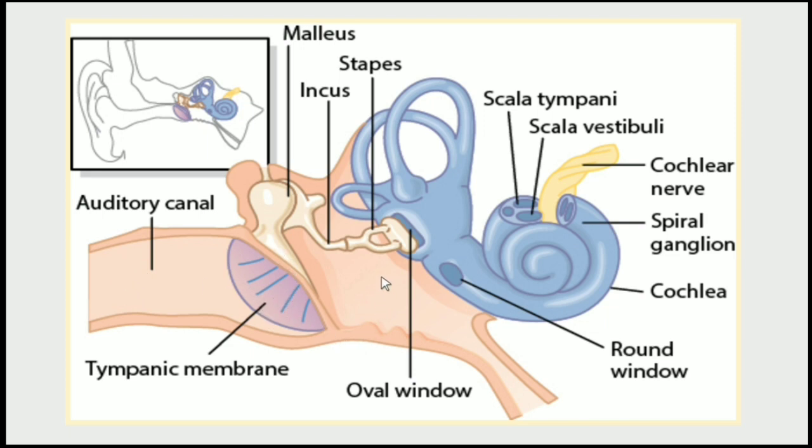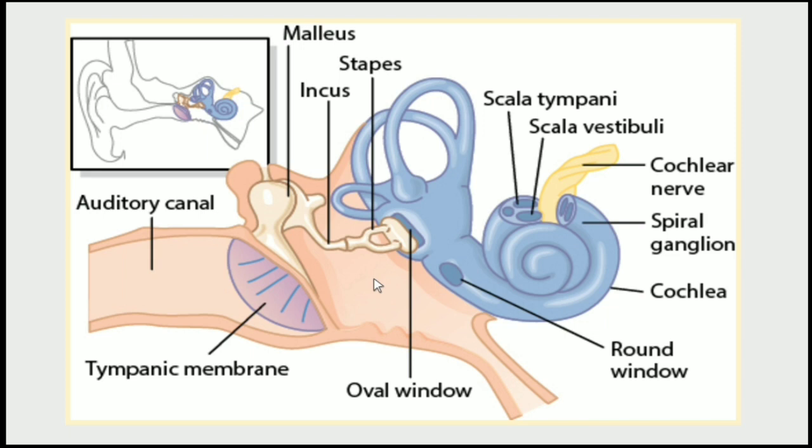Then the middle ear, under which we discussed the ossicular system, the 3 ear ossicles, malleus, incus and stapes, which are articulated, and the footplate of the stapes attached to the oval window. We also discussed middle ear function in the previous lecture. Please go and see that lecture.